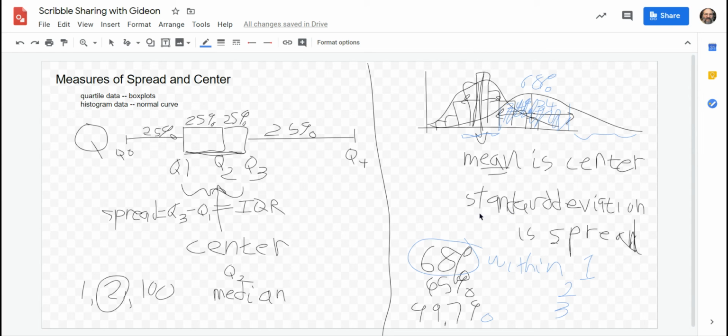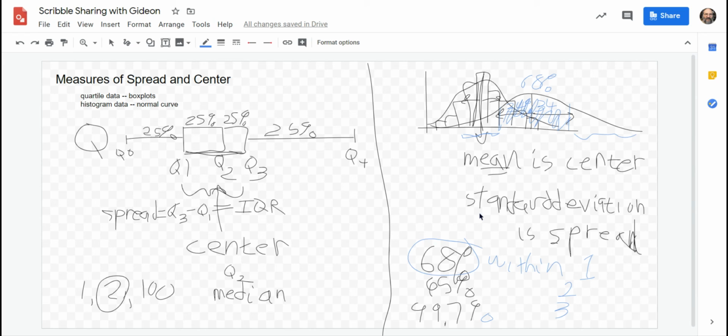That's all we mean by spread and center, right? It's median, and then the interquartile range is the size of the box. The median is the line in between the boxes, right? The median, that's the center. The spread is, okay, the size of the box, Q3 minus Q1 is the spread.